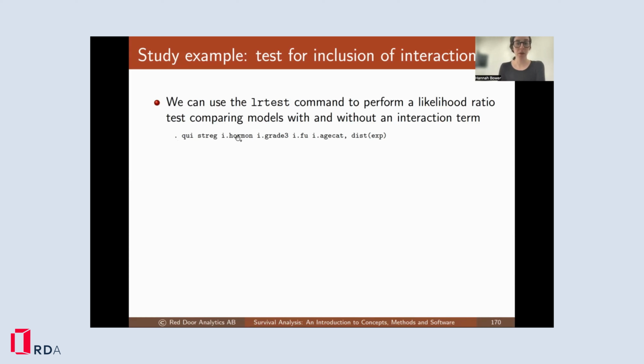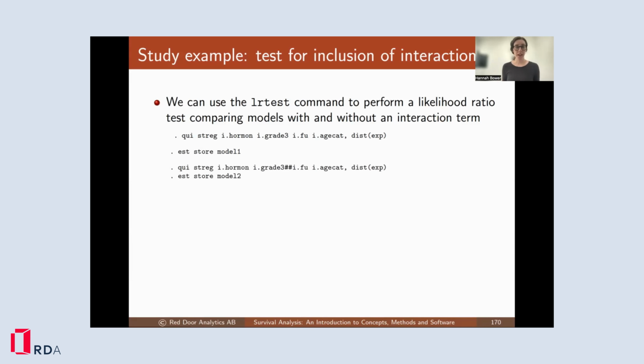And then we also adjust for hormonal therapy, grade, and age category. And we say to Stata, please save this model in the background using est store, and we're going to call it model 1. So Stata knows that this piecewise exponential model, adjusting for these variables, is saved as model 1.